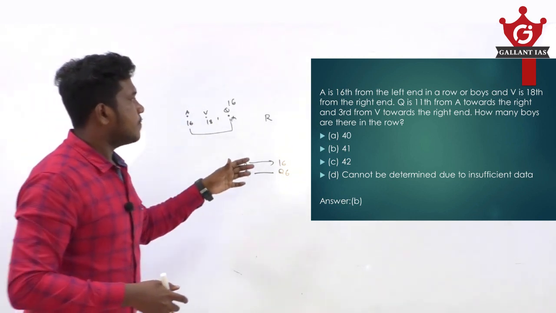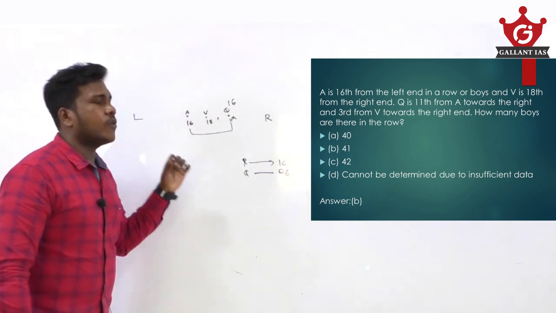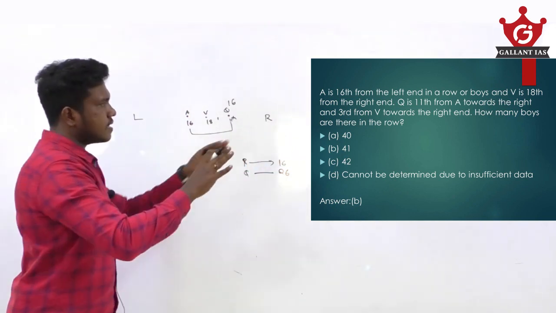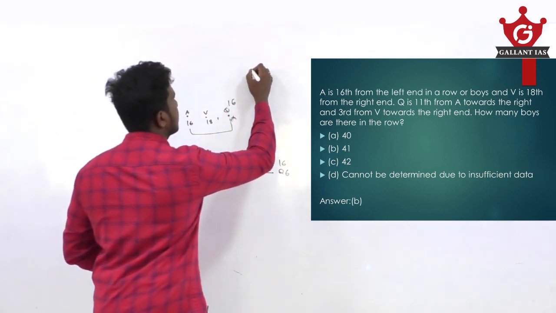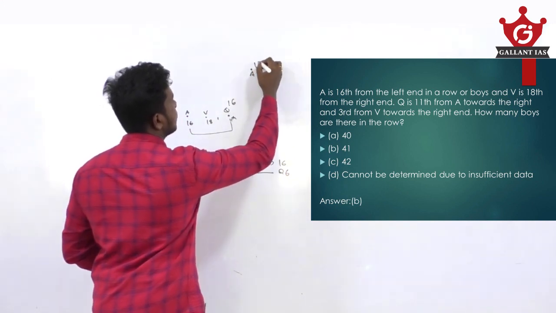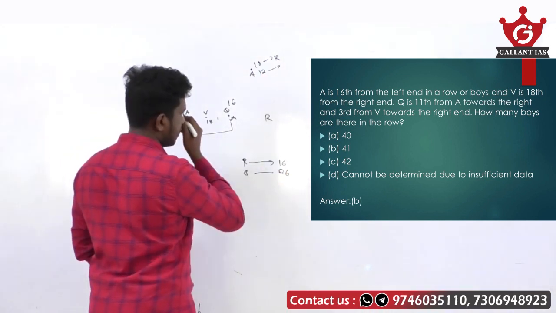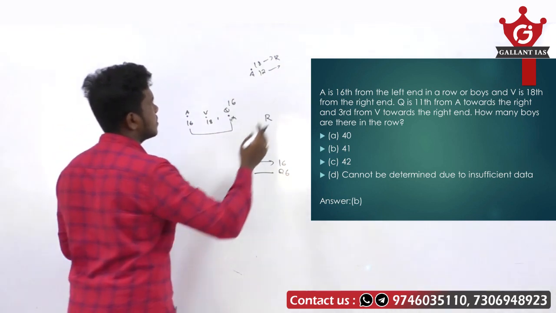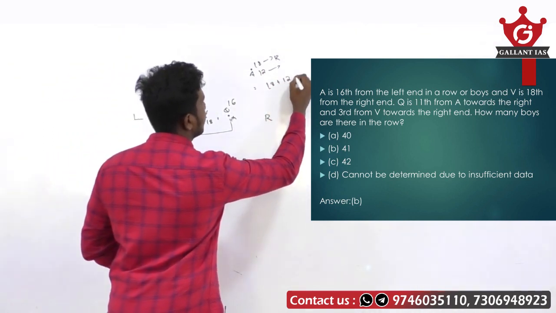Now look here. How many boys are there in the row? We need to find how many boys are there in the row. In all these types of questions, this is the key concept. If you know the position of a person, let it be A, whose position is 18th from the right and 12th from the left, then the total number of boys in that group is nothing but 18 plus 12 minus 1.